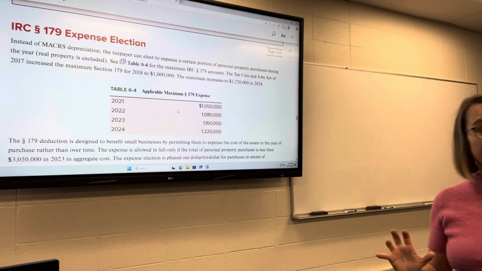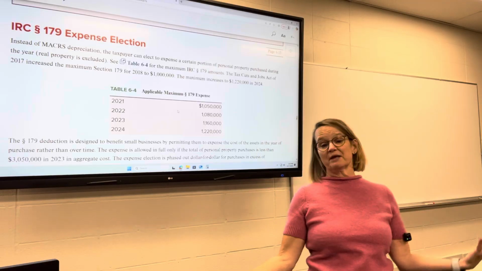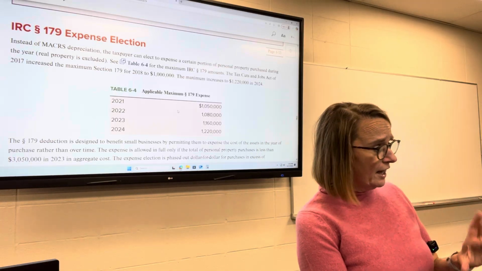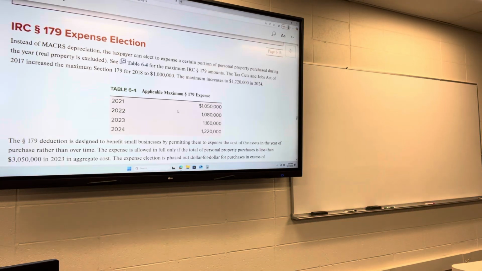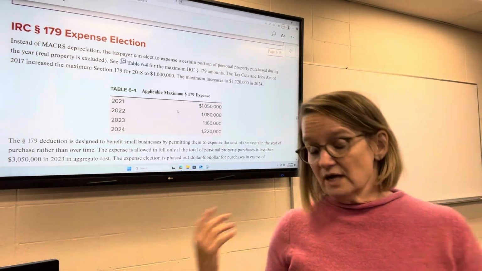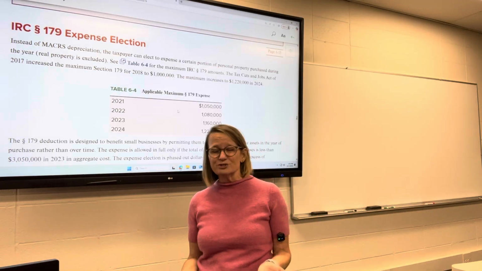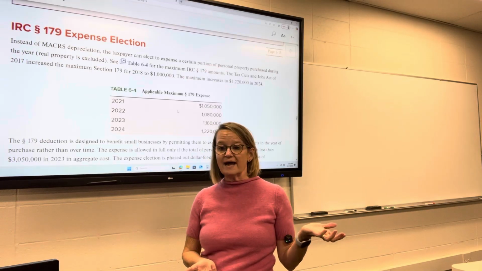And again, that method is built into the tables, right? We've really only got three different methods that we can use. We can use 150% declining balance, 200% declining balance, or straight line depreciation. And again, the IRS just determines what method we're going to use. We can always choose to use straight line depreciation if we want to for a particular asset.